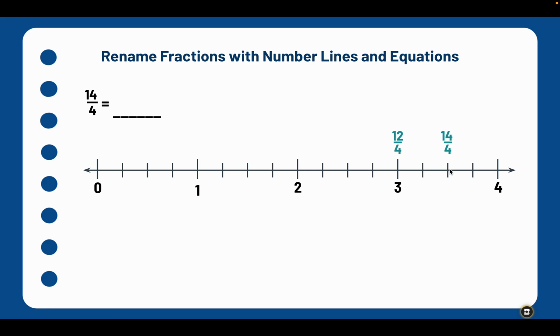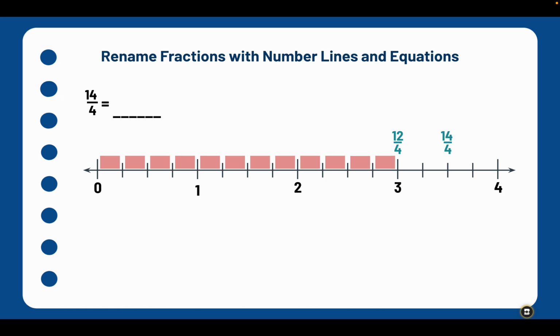Now let's shade our number line to efficiently decompose 14/4 into 2 parts. There are 3 groups of fourths on the number line before 14/4, so let's shade the number line from 0 to 3. Let's write an equation to show 14/4 decomposed into a sum of 2 fractions.